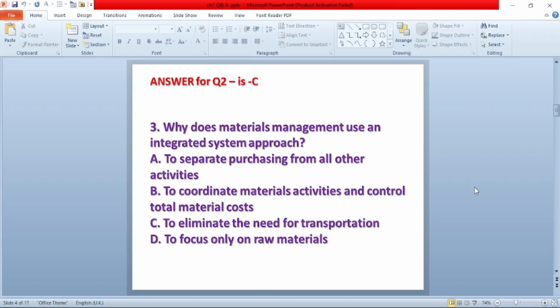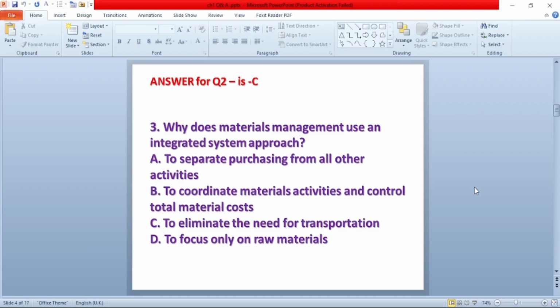Question number 3. Why does material management use an integrated system approach? A. To separate purchasing from all other activities. B. To coordinate materials activities and control total material costs.